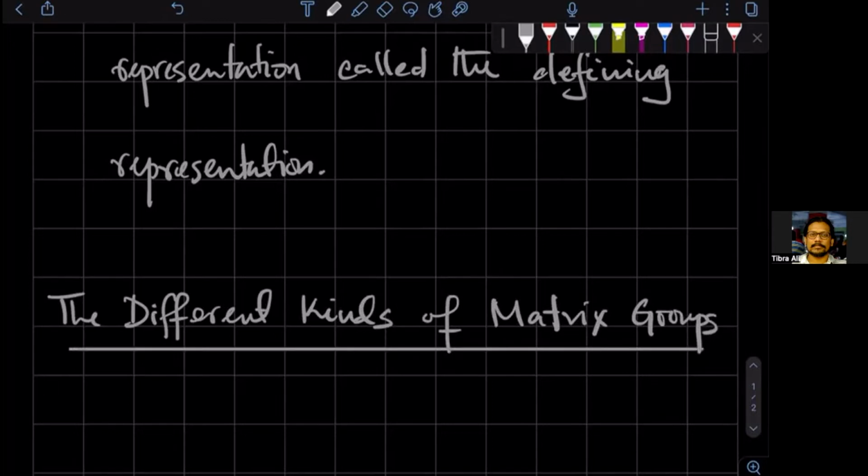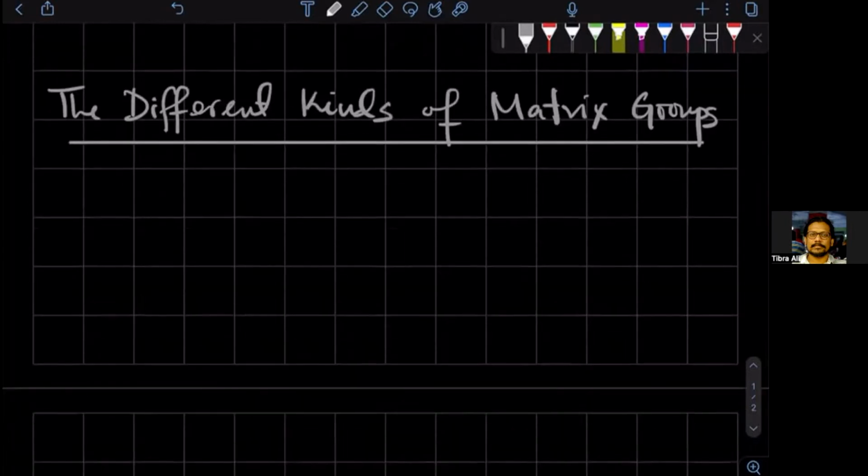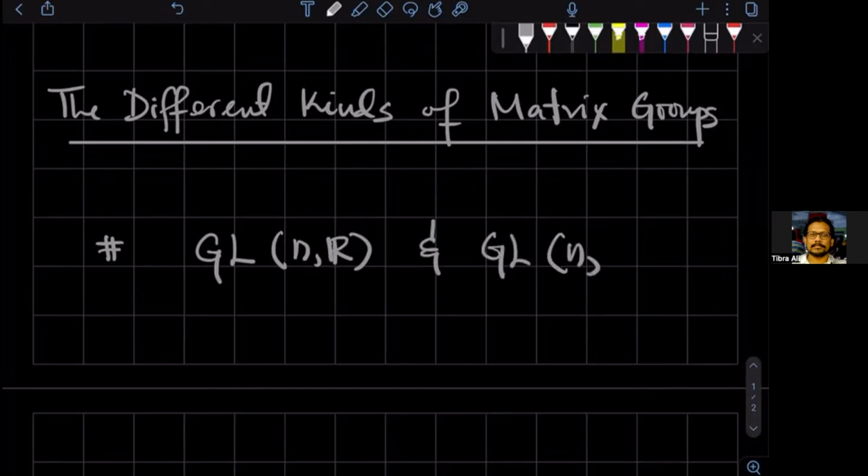Okay. So we have already met the matrix groups, say GL n R and GL n C. Now, can someone tell me what is the definition, say, of one of these groups?